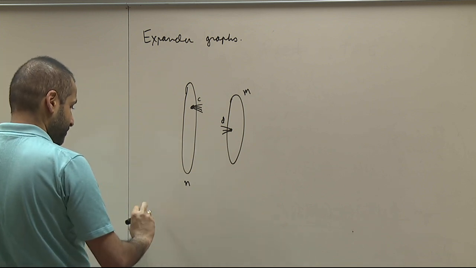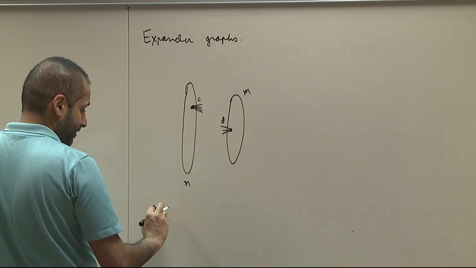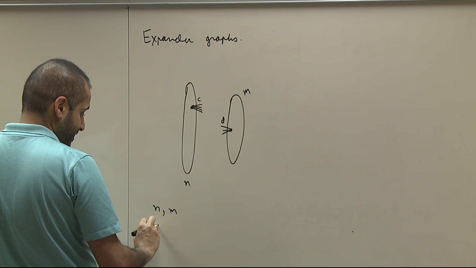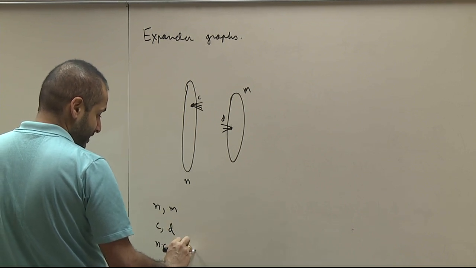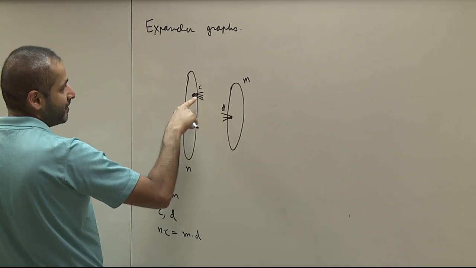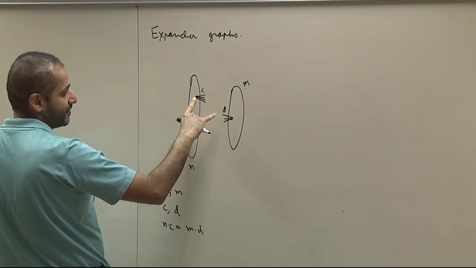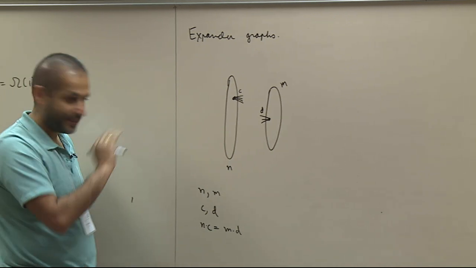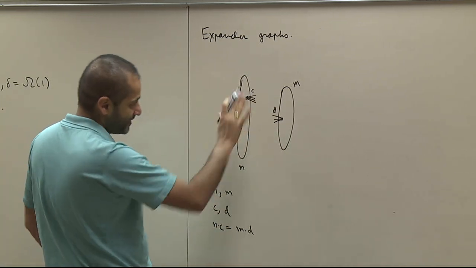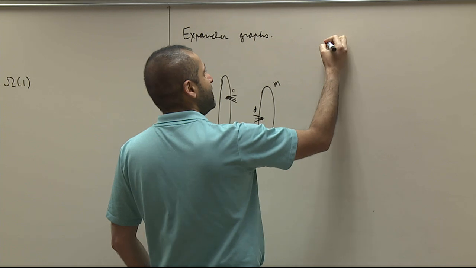Since m is less than n, C is less than D. Okay, good. So this is our setup.